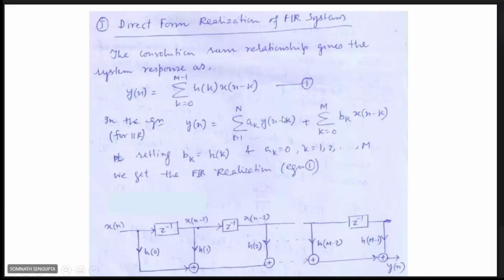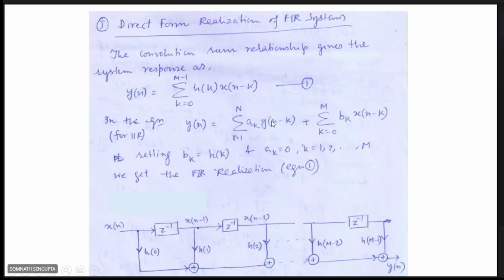So both past and present values of output and both past and present values of input are there in the general difference equation, and that represents an IIR system. But in case of FIR, there is no past output.